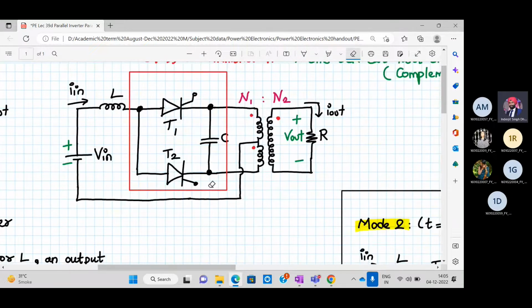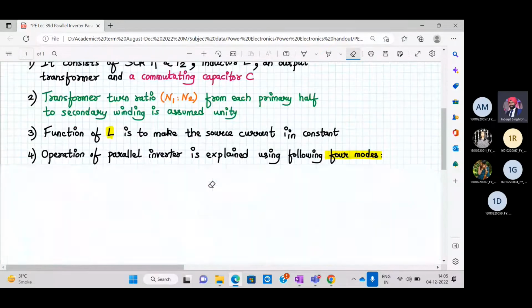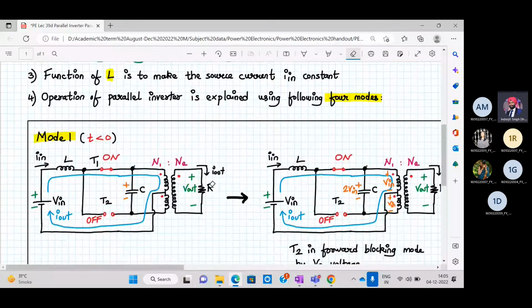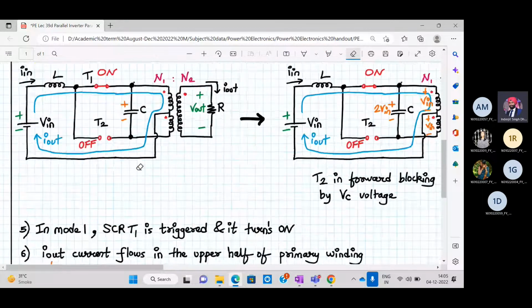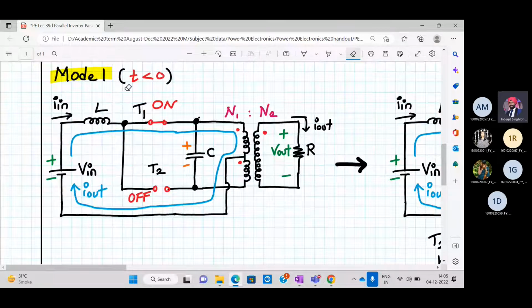Okay, now please concentrate. So we are in mode number 1 and we are considering time less than 0. What we do is we turn on the T1 SCR. T2 is not triggered yet. T1 is turned on, so the current will start flowing.